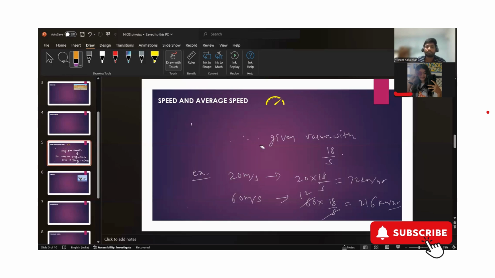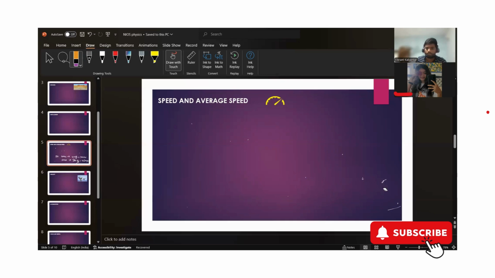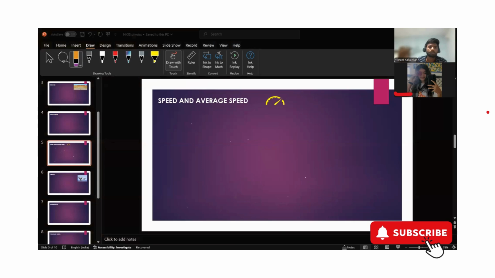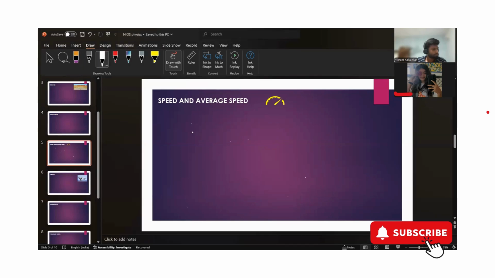Actually, average speed is nothing but the total distance upon the total time taken. Just I'll be giving an example here. Suppose you have started your journey from point A, and B, C are there, and D is there.